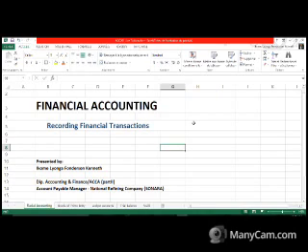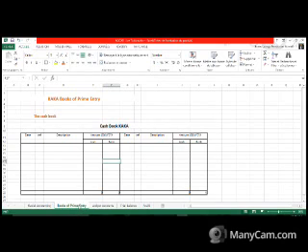I'll take you first of all to the cash book. For our first transaction, we are going to make use of the cash book. I want you to note here that the cash book is the same as the cash account. The cash book with the bank column is the same as the bank account.